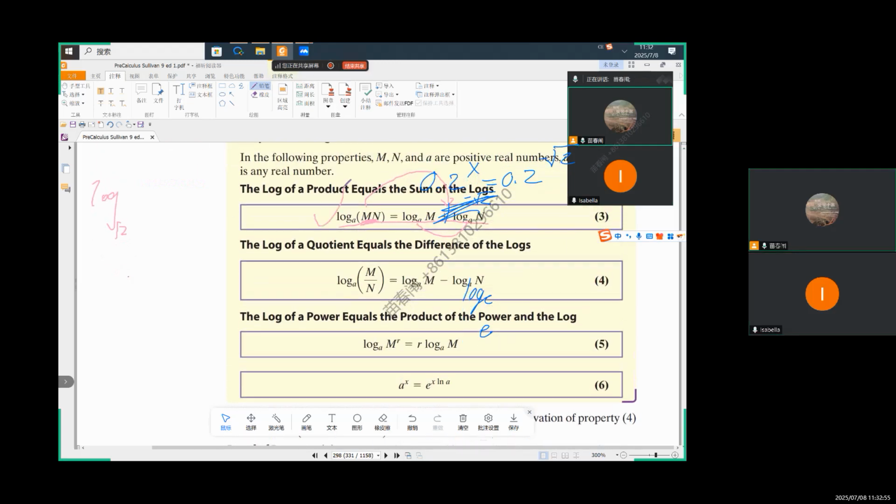If this is the product law, this is the quotient law. Do you remember? This is plus, the other one is minus. Plus and minus, multiply and divide. And the log of a power equals the product of the power and the log. This one is dropping, basically.